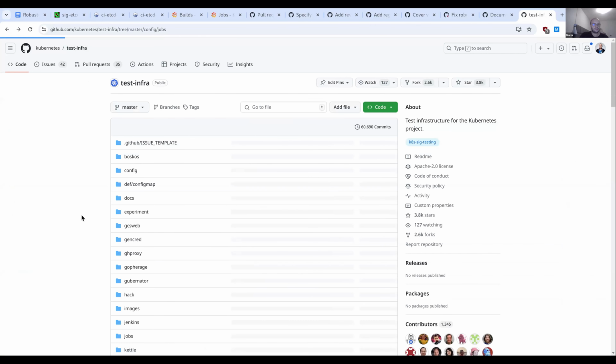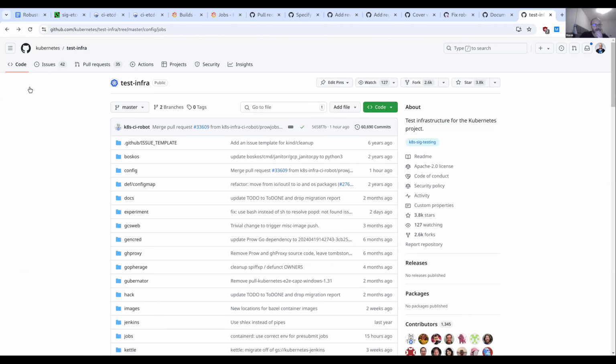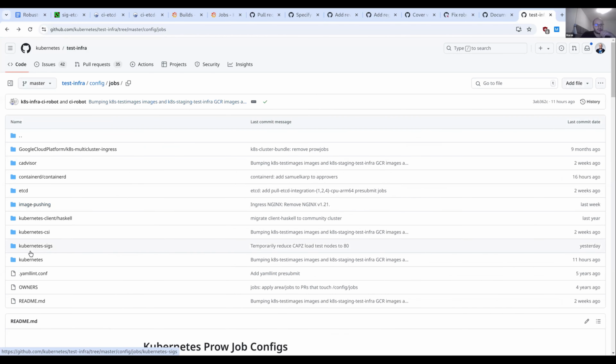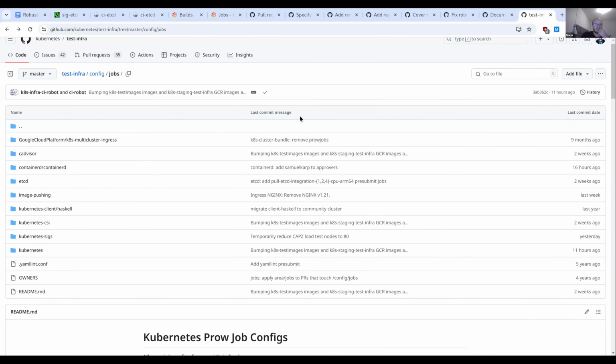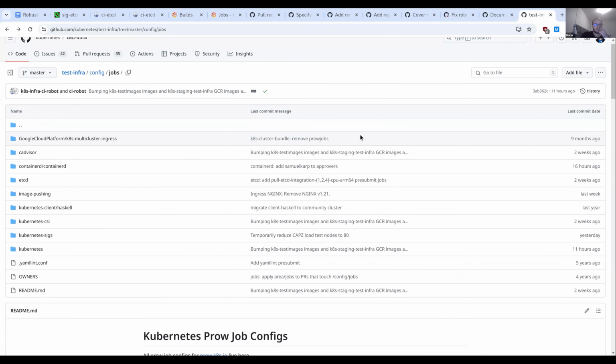That was a good directory. Yeah. So here are the configurations of jobs in Kubernetes. Is GitHub good at it?